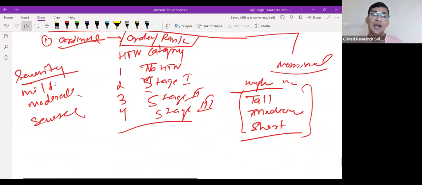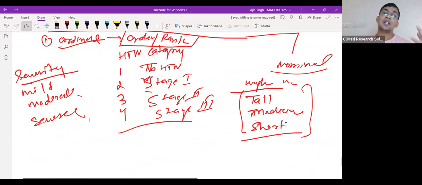Like severity: mild is the smallest rank, moderate is the medial rank, and severe is the highest rank. In hypertension categories, no hypertension is category 1, and the highest category is stage 4. Tall is the highest category, shortest is the smallest category.